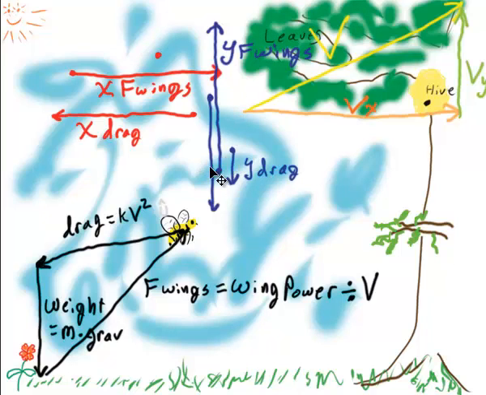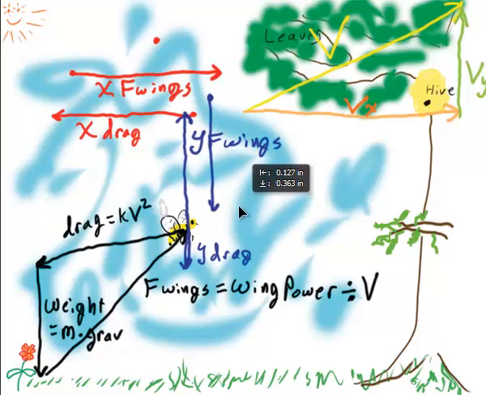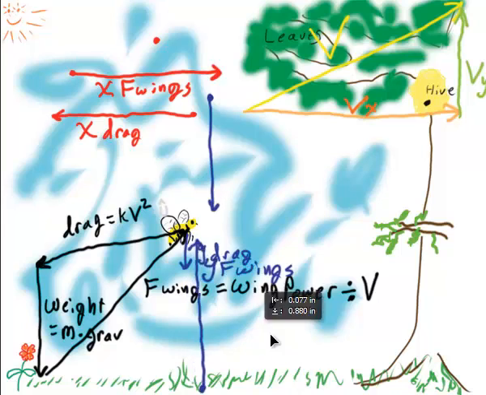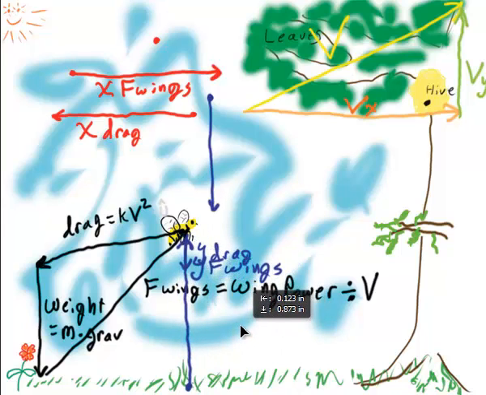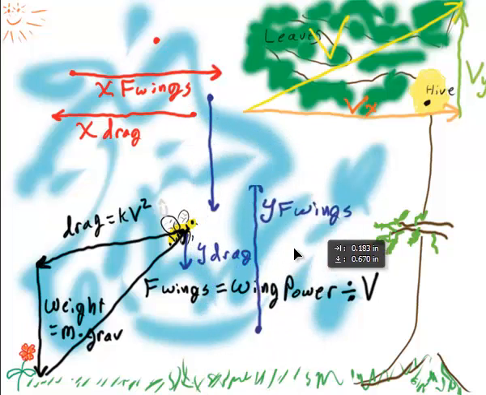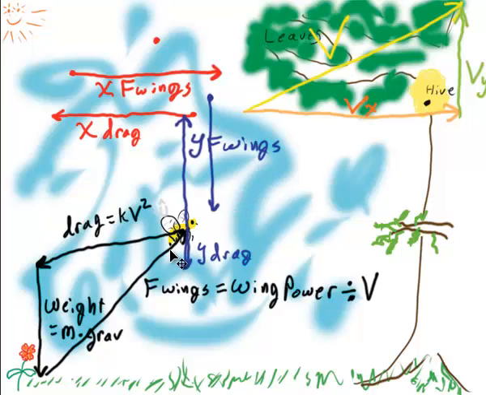Okay, so this time I'll start with the y velocities. I'll start with the drag, and next I'll add the wings. You notice each time I put the tail of the first vector at where I'm starting, then I add the next one by putting its tail right on the tip.